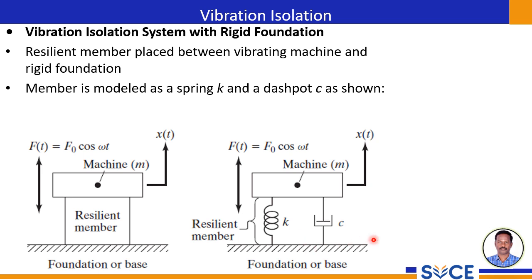So from this slide, I introduced you to a fundamental model for vibration isolation with rigid foundation. We used a resilient member modeled as a spring and dashpot to isolate the vibrating machine from the foundation. This model allows us to analyze and optimize the system for effective vibration control.